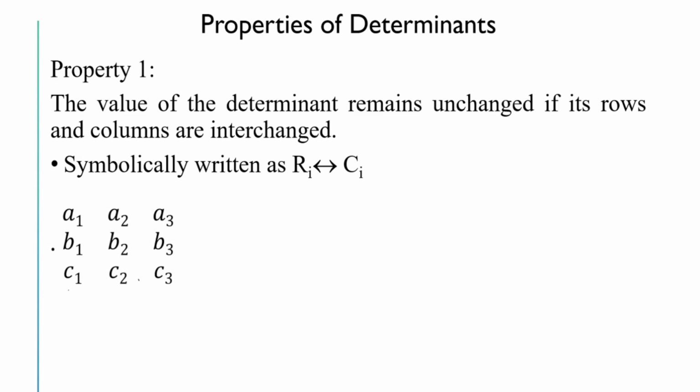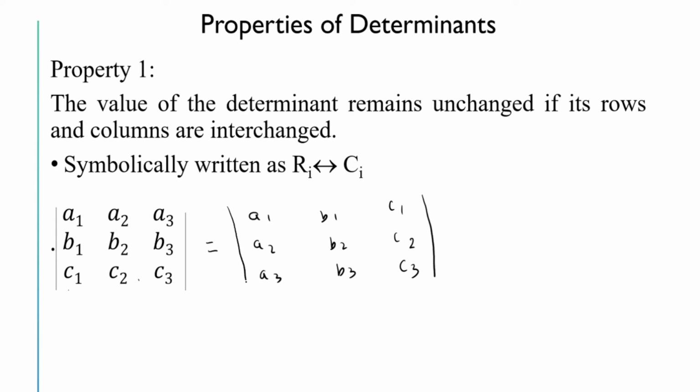So we can show this as, if this is the given determinant a1, a2, a3, b1, b2, b3, c1, c2, c3, and we interchange the rows and columns, that is the first row becomes the first column, second row becomes the second column, and third row becomes the third column, in this case the value of the determinant remains the same.